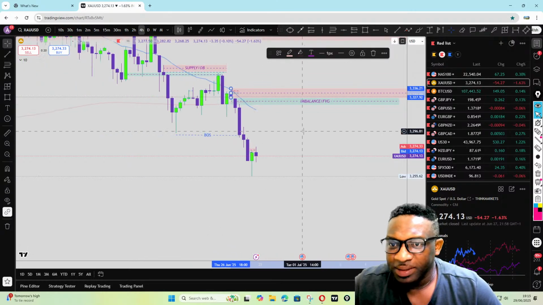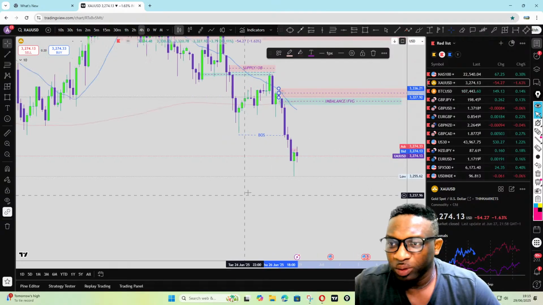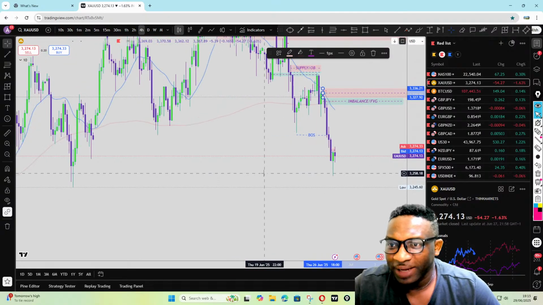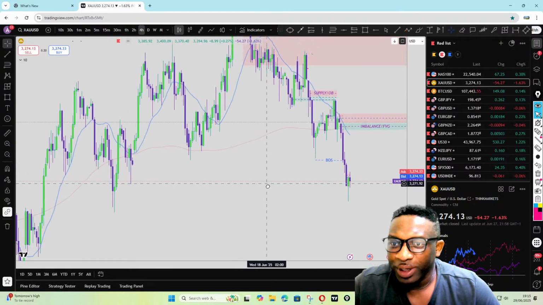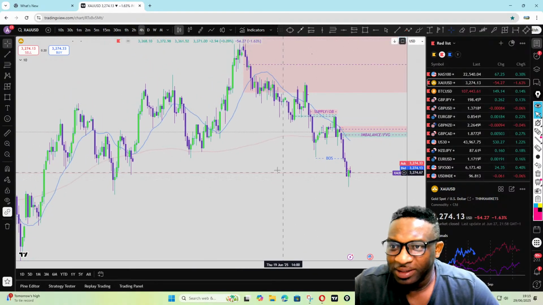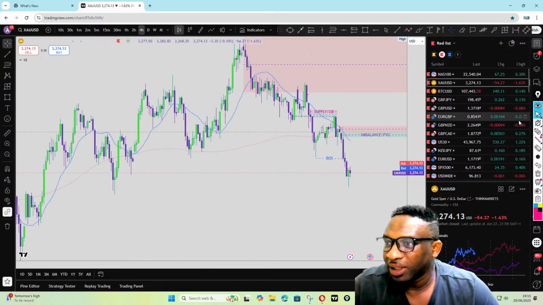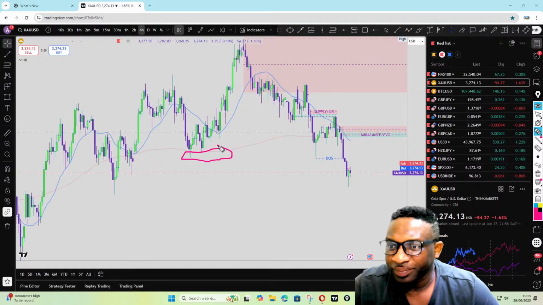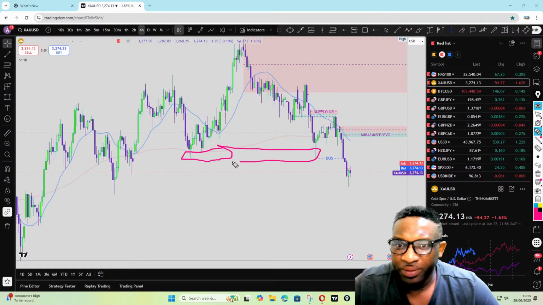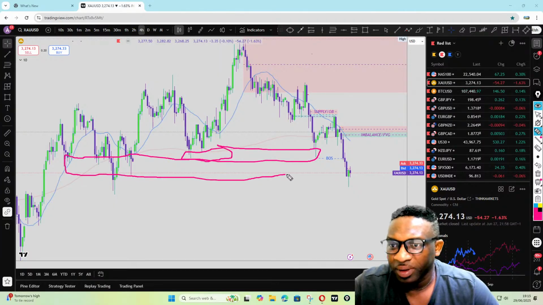So now the plan is, let's look left and see if there's anything there. We can also identify that we had all these liquidity areas all this way here.